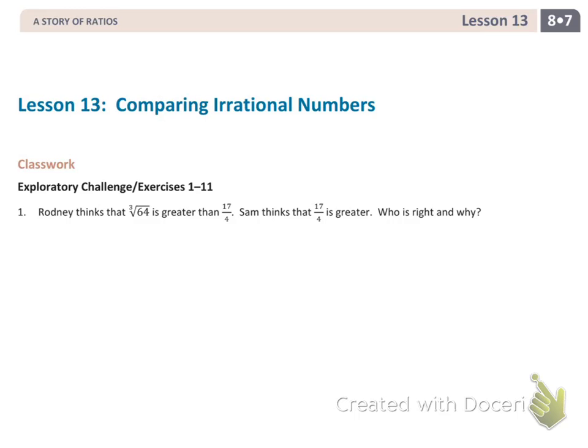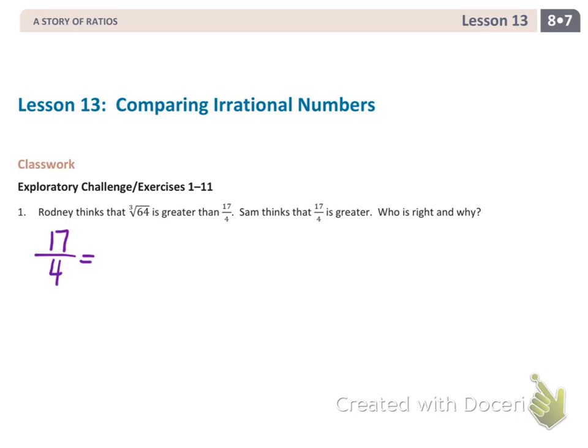Okay, so let's look at this first one. Rodney thinks that the cube root of 64 is greater than 17/4. Sam thinks that 17/4 is greater. Who is right and why? Well, the first thing I want to do is to see what is the decimal representation of 17/4.